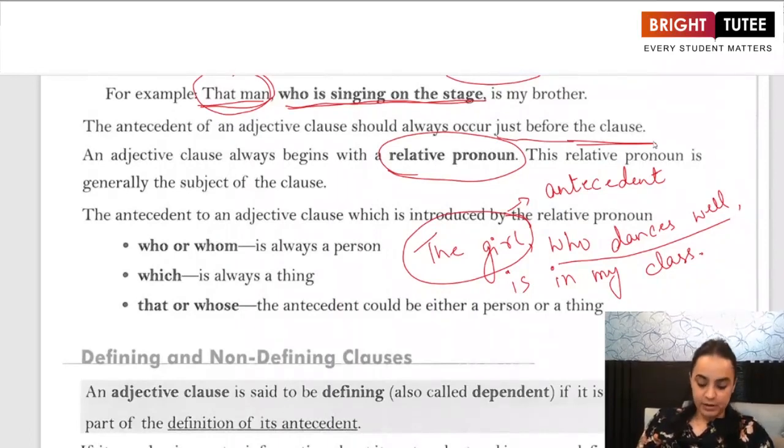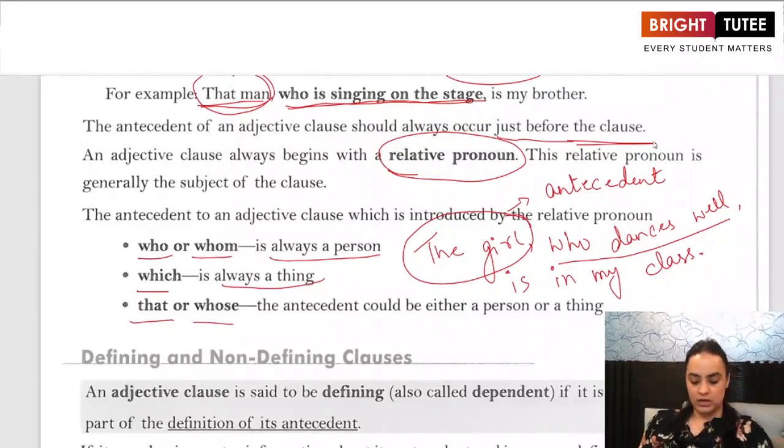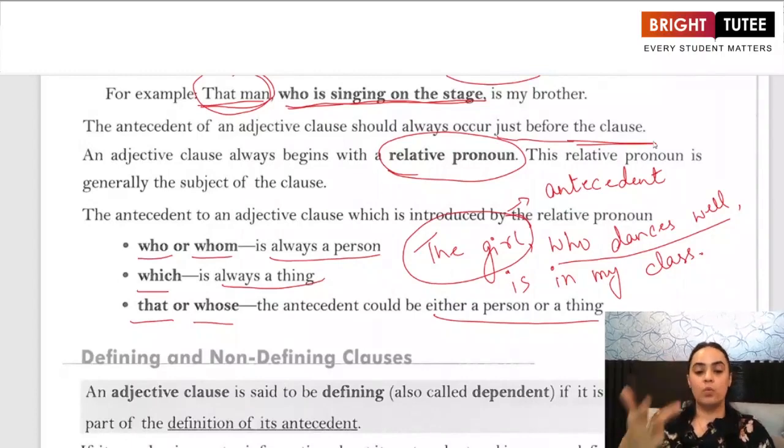For example, who and whom, which is used for a person, which is used for a thing, and that or whose are used either for a person or for a thing. So, the adjective clauses will begin with who, whom, which, that, or whose.